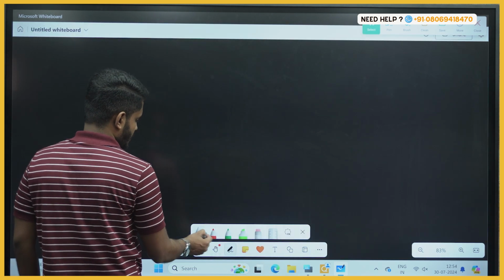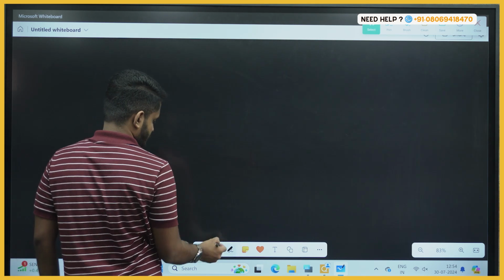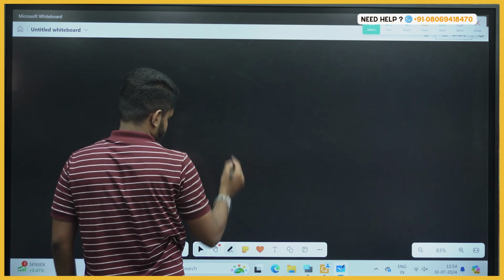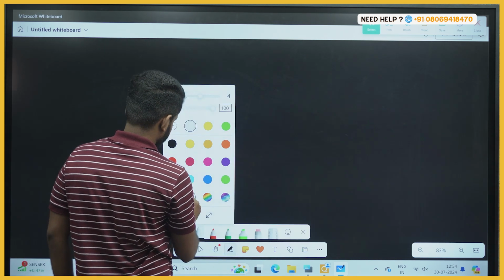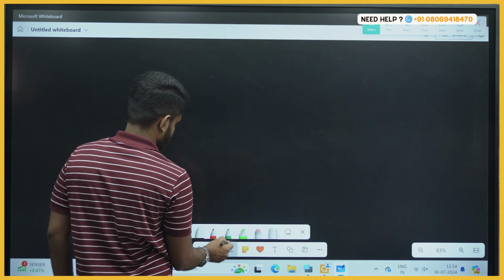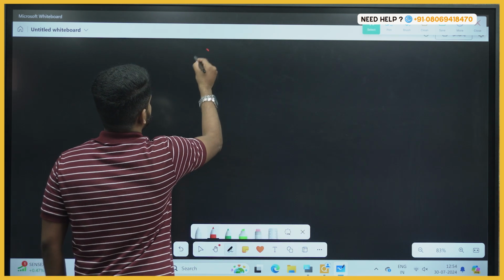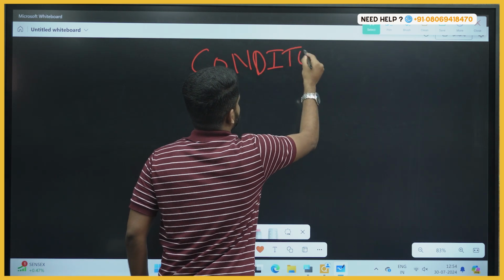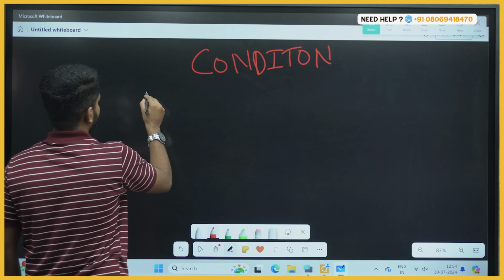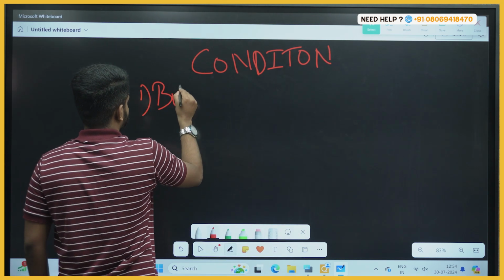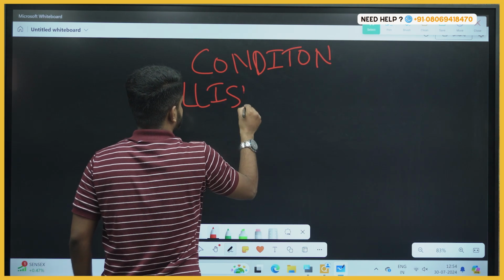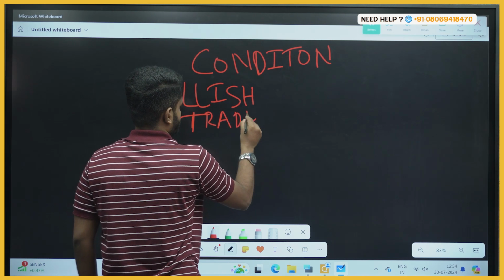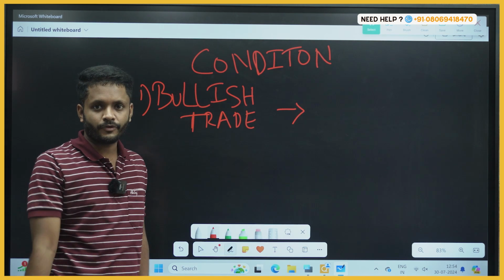Okay, so the condition for finding a bullish trade.